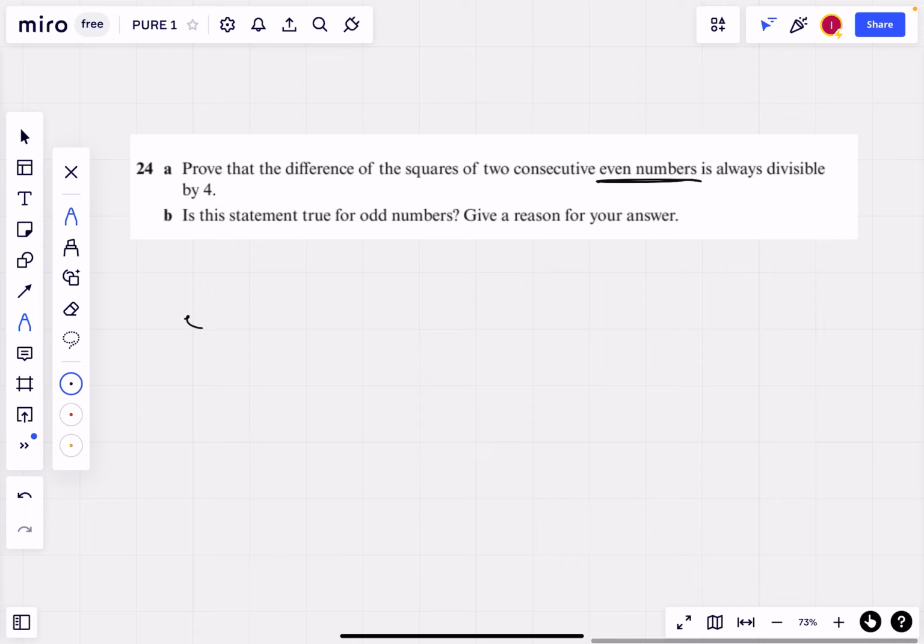So even number 1, we're going to make that 2n. We're keeping it general, we're working with integers, but as long as it's multiplied by 2, that's our first even number. The next consecutive even number will be 2n plus 2. Does that make sense?